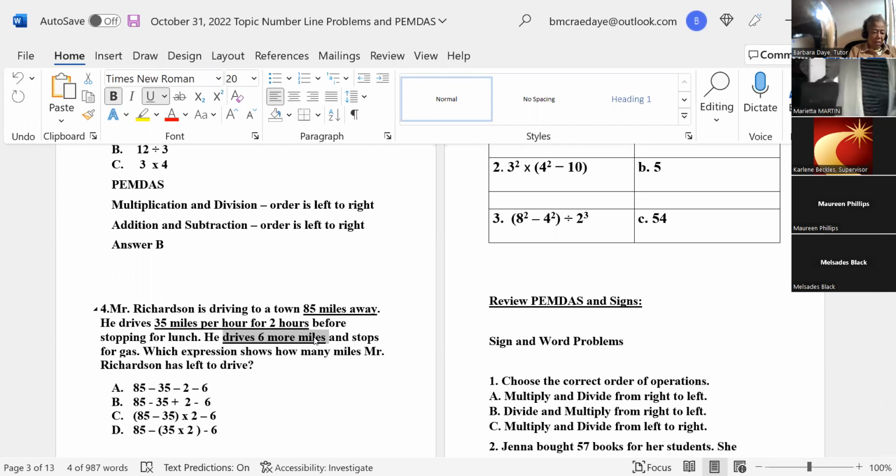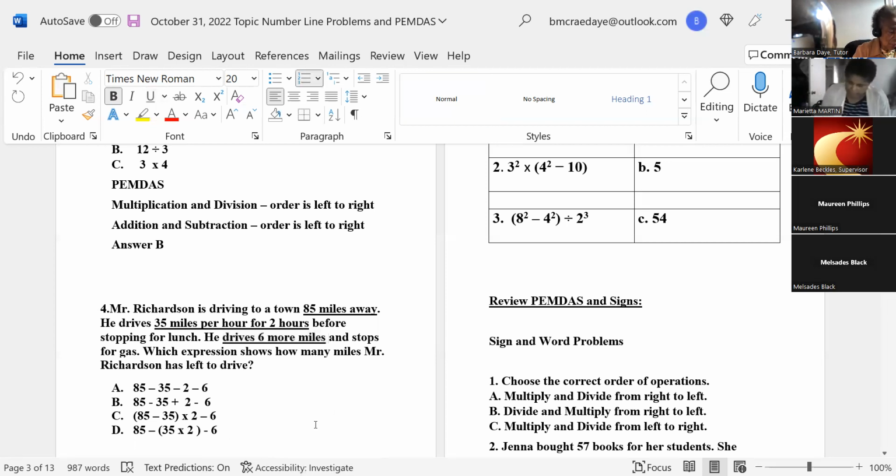And additionally, he drove what? 6 more miles. So he started with 85, and if he's driving, that's being subtracted from the 85, right? Okay, so what was your answer, Maureen? My answer was D. Very good. Answer D.